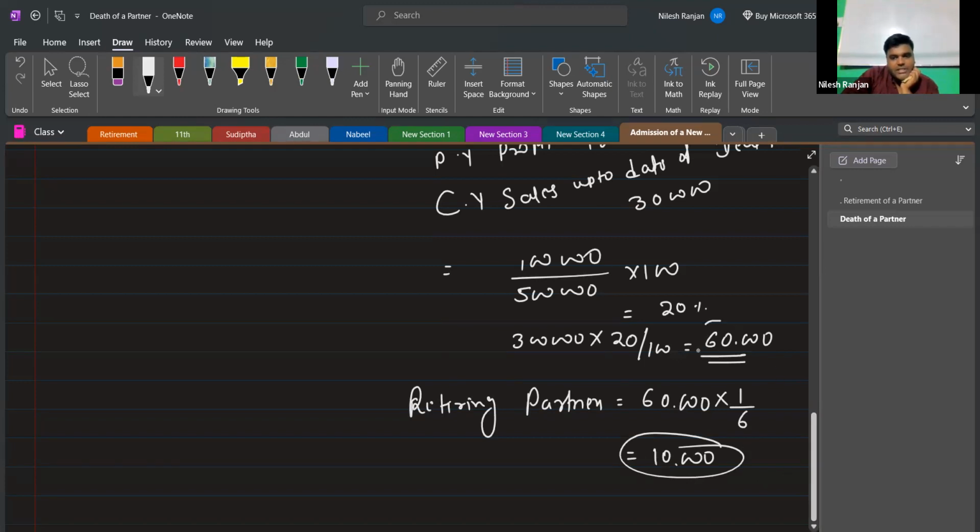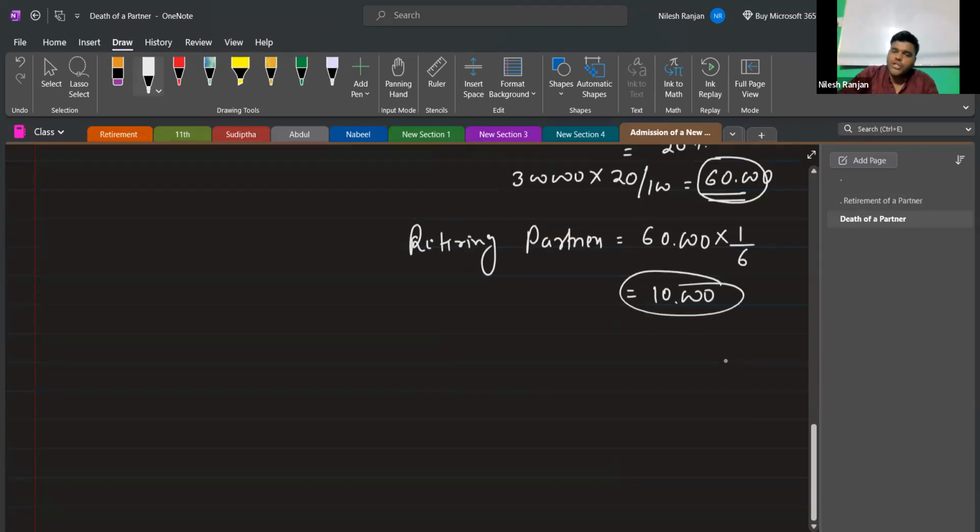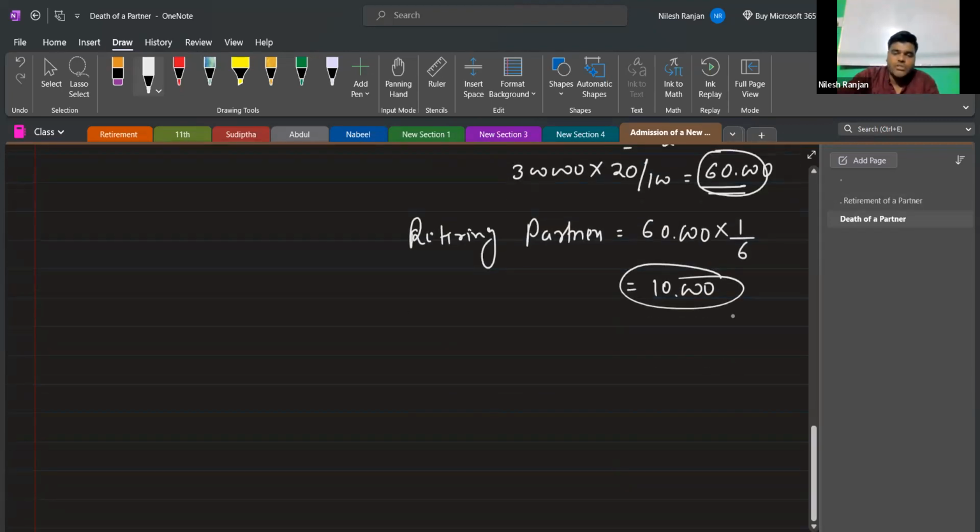Because 60,000 is the total profit up to date of death, and we are not going to give the total profit to the retiring partner, because the remaining partners' share is also included. That's why we will give only the retiring partner's share to him.